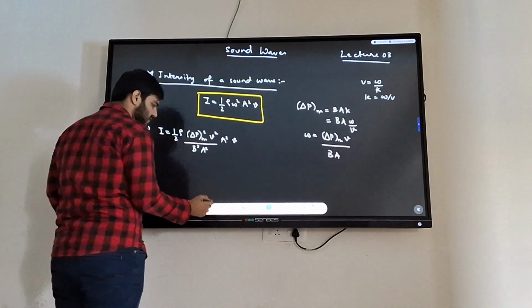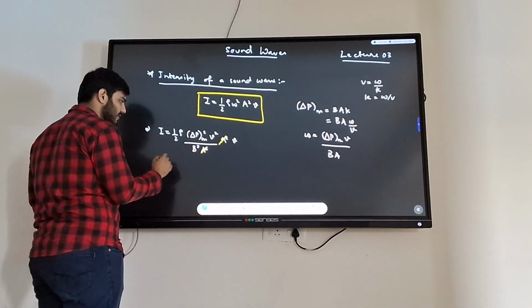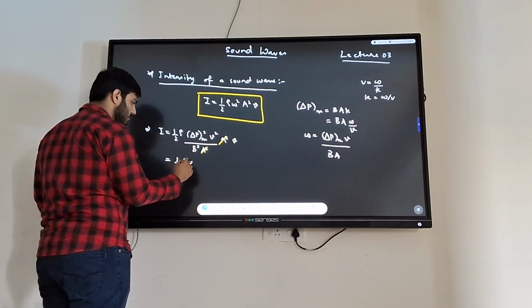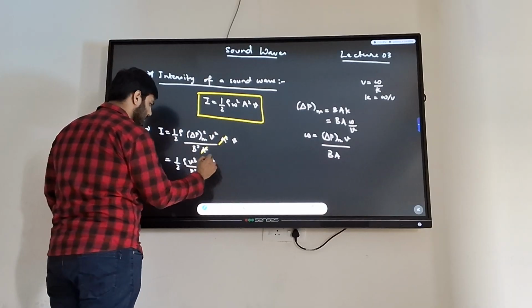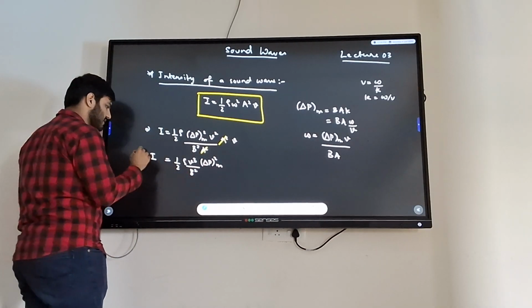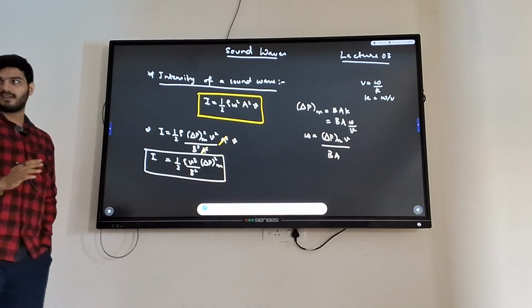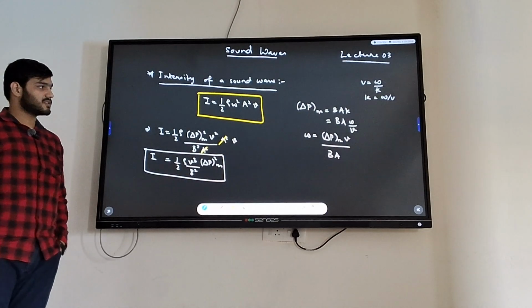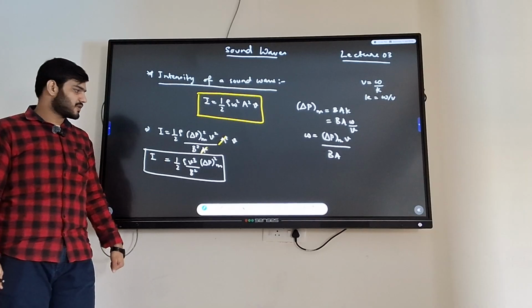So I think this A square gets cancelled. And the formula that you get is half rho v cube by B square delta P max square. This is another formula. These are just interchangeable formulas. If you know these relations, then you can play around with them any way you want.